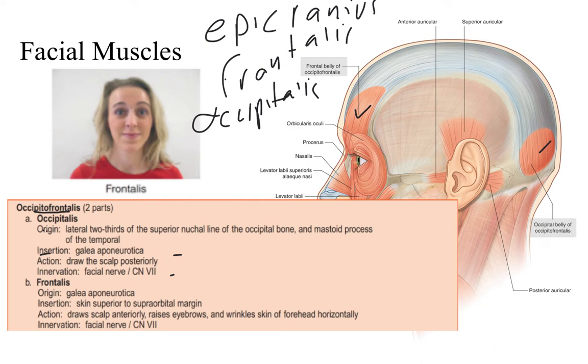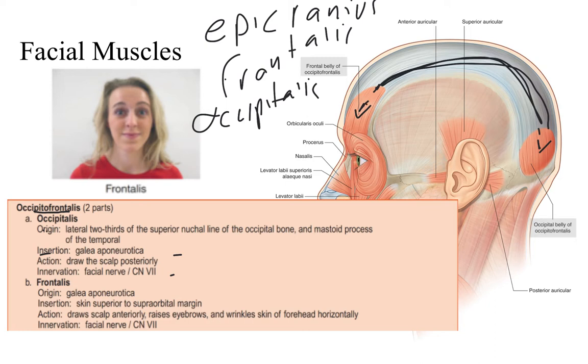Reminding you that between the frontalis and the occipitalis, we have this epicranial aponeurosis, which is one of the layers of the scalp.